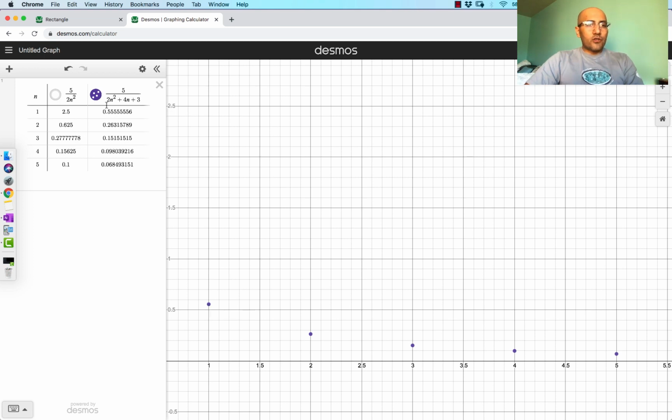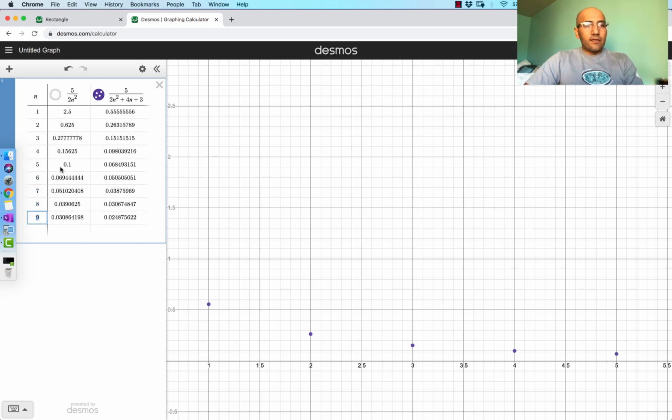Okay, and for n equals 2, we replace all those values here with a 2, and we end up with this decimal, and that gives you this one. We want to keep going, for 6, 7, 8, 9, 10. Then we compare it to this one, 5 over 2n squared. For each individual value of n, we see that this one's always bigger than that one. When n equals 1, we end up with 2.5 as opposed to 0.5555.